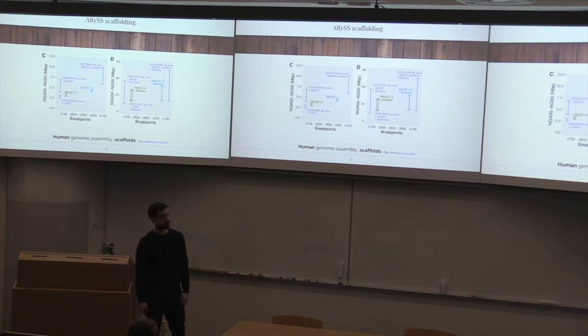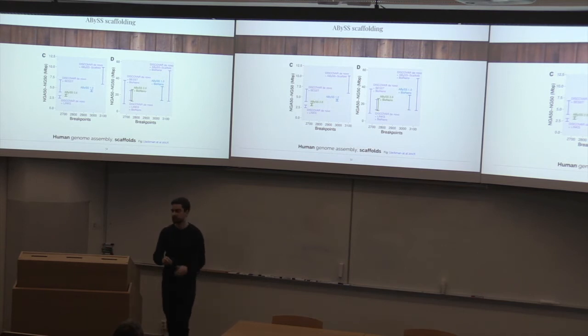That's kind of the same plot for the same type of software, but it highlights long-range improvements. And I think it's interesting to comment on this a little. So also for human genomes, looking at the scaffolds, on the X there are breakpoints, and on the Y you see contiguities, so the average length of sequences.